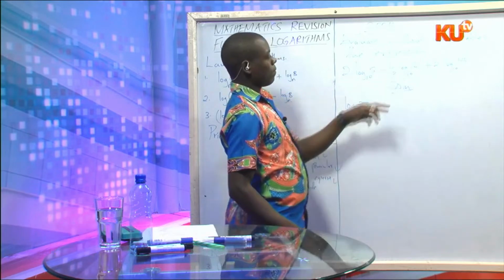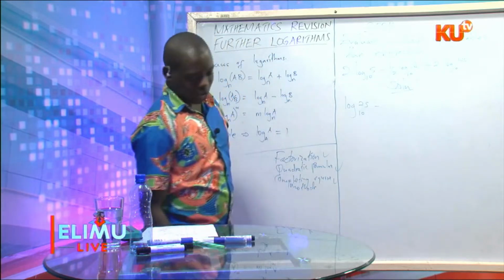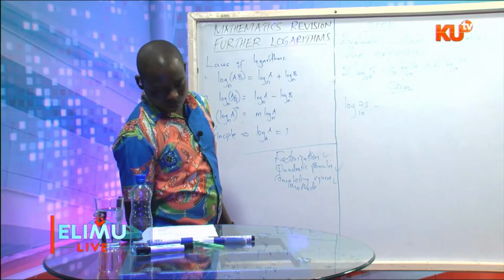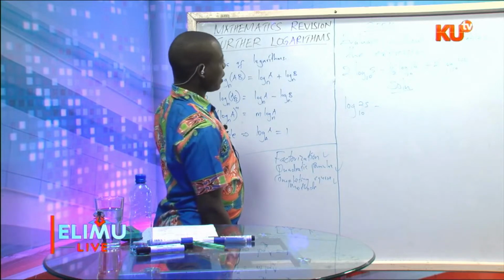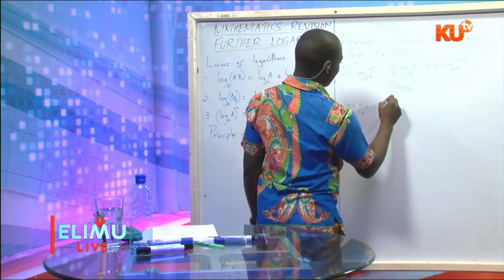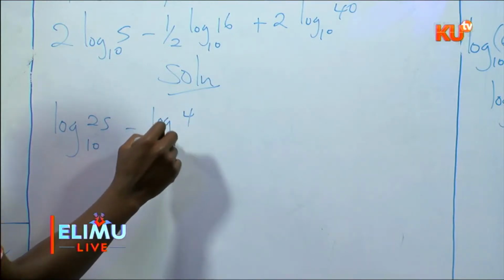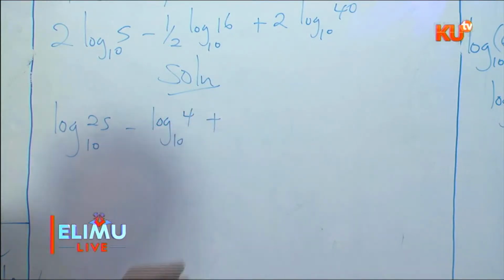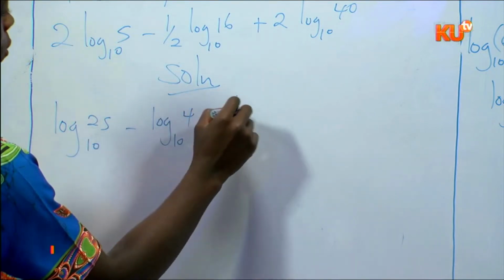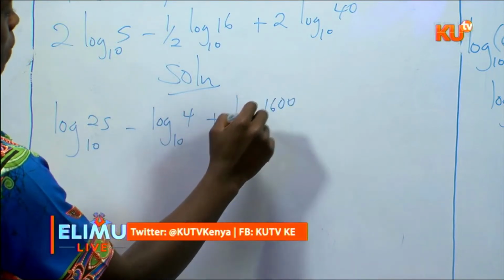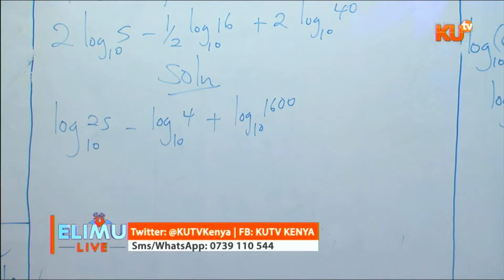A half goes to the other side. We have the square root of 16, that is log 4 base 10, plus log 40, that is we square now, we shall have log 1600 base 10.